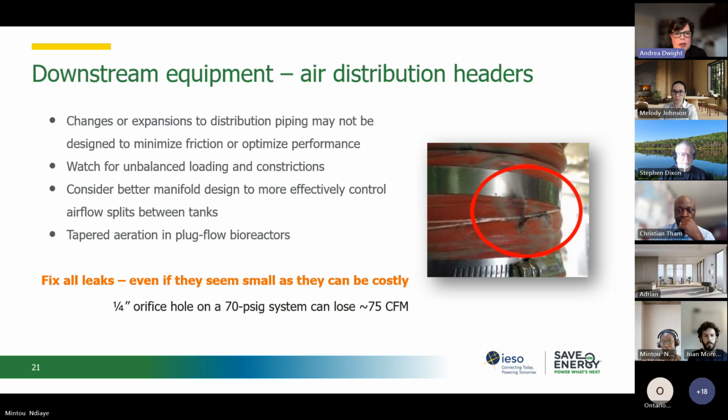Yeah, thank you. Let's talk about downstream equipment a little bit. So we want to start with the air distribution systems or headers that you have downstream of your blowers.